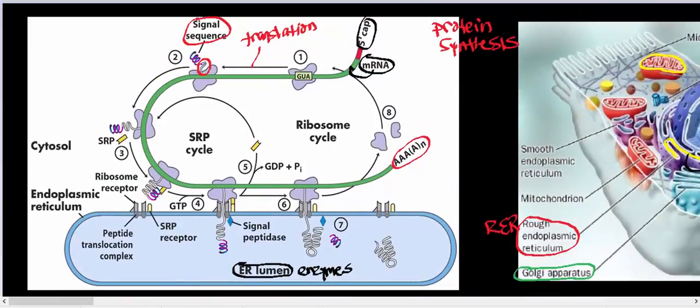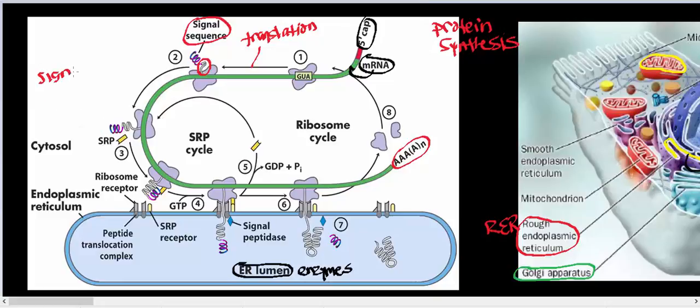Okay, so I've mentioned that we have these ribosomes that attach themselves to the rough ER membrane. Let's talk about what happens. Okay, so I have this ribosome that is currently floating in the cytosol, and it's making a protein that has a signal sequence. And after the signal sequence, there's some other protein that's synthesized after it, still attached. What's essentially going to happen is there's going to be another protein called a signal recognition particle.